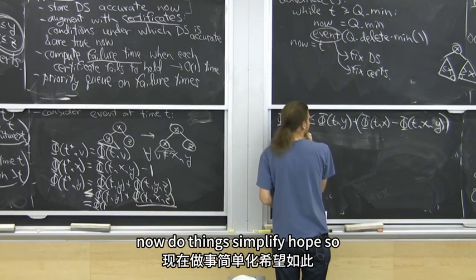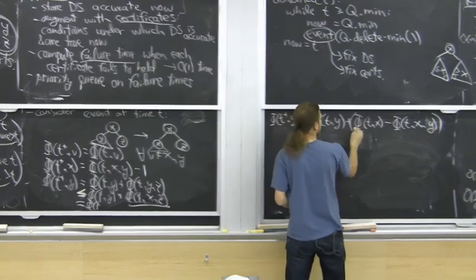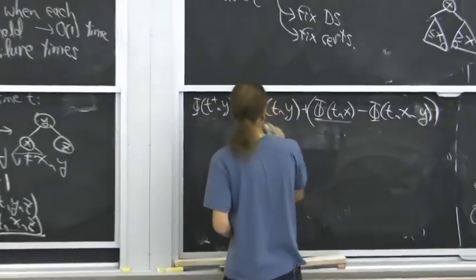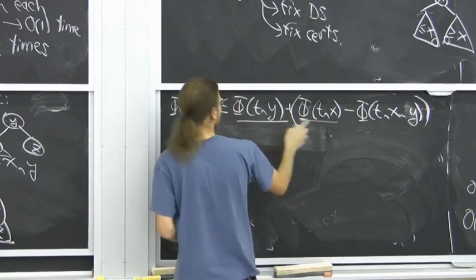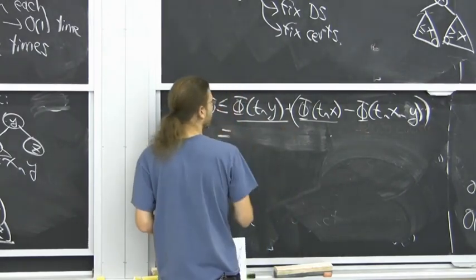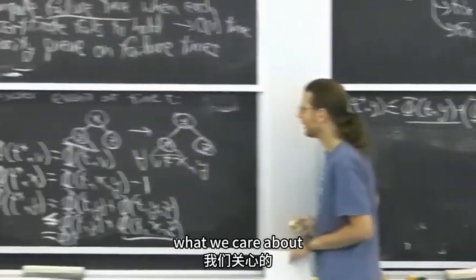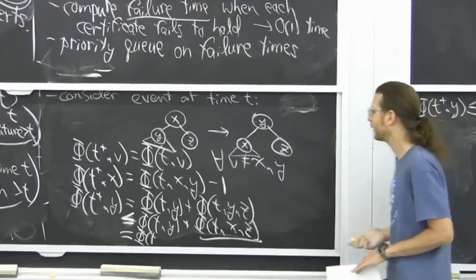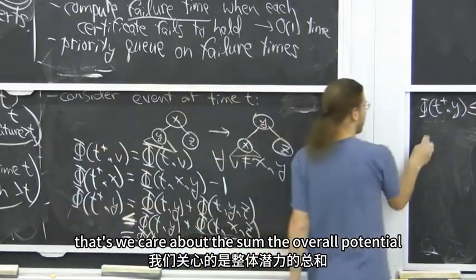Now, do things simplify? I hope so. Phi of ty. These two things. Okay. Not so pretty. What we care about is the sum of these things. We care about the sum, the overall potential.